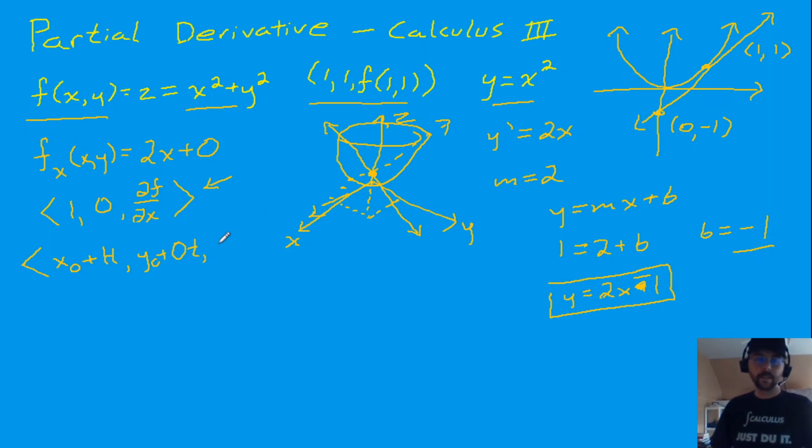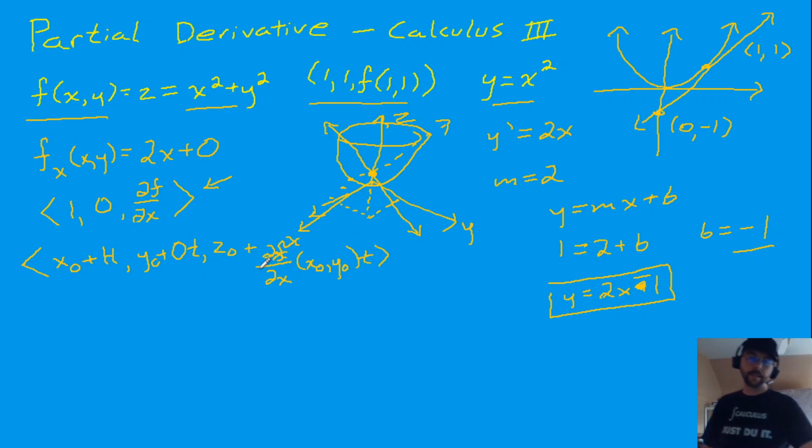And then for the z-axis, it's going to be z0 plus the partial, which is going to get a little bit messy, the partial f with respect to x at x0, y0. This is our direction information, and we have to multiply that by t. So we're going to use that.